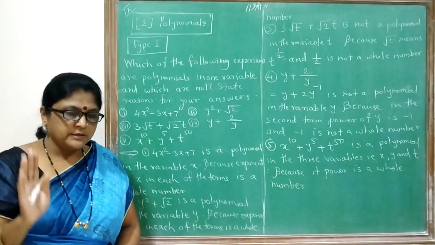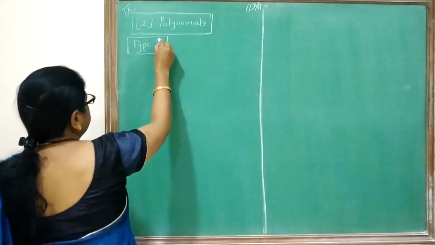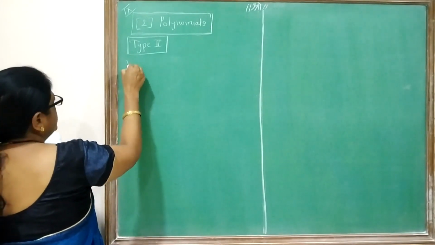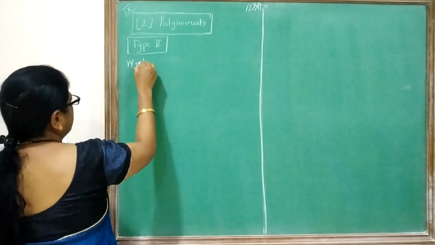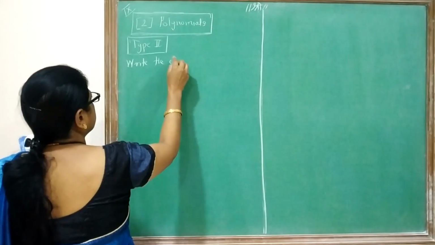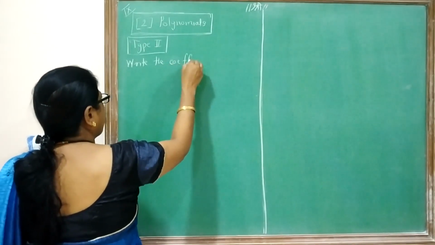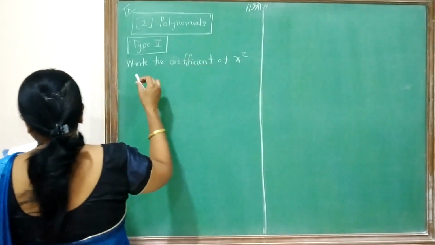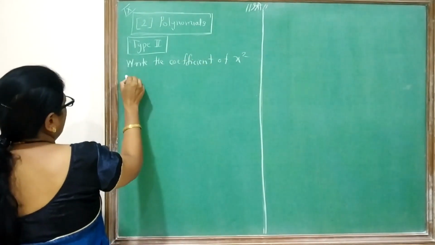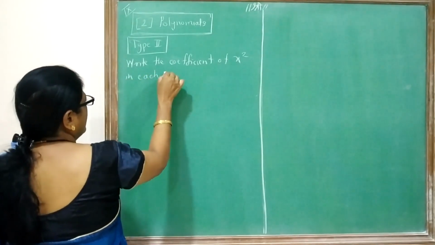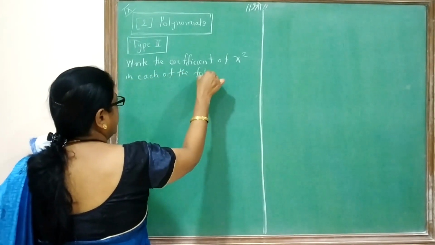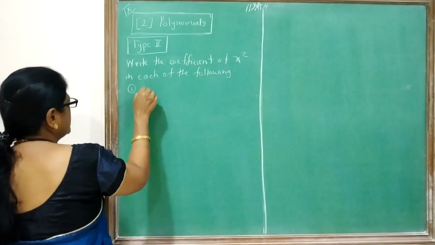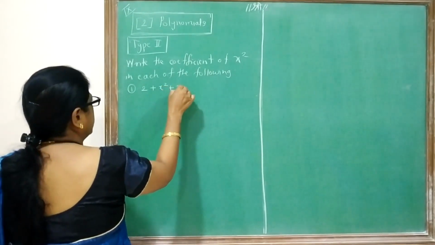Then let's start type second. Type second is: write the coefficients of x square in each of the following. Your examples: first, 2 plus x square plus x.